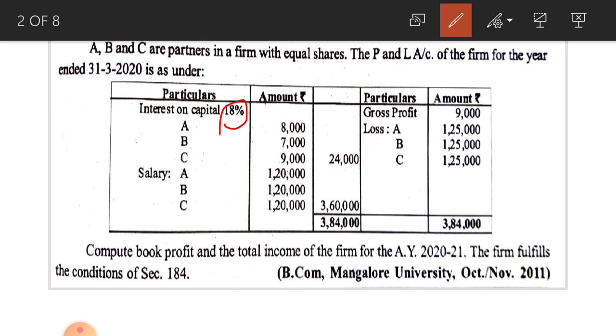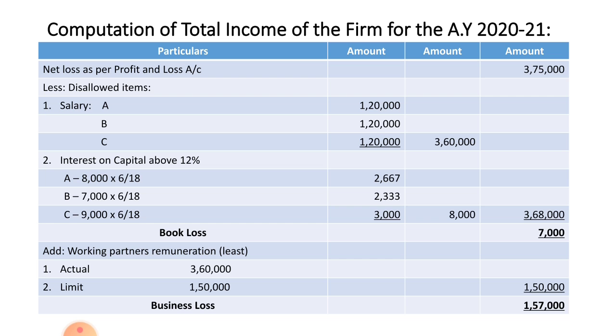Here see net loss, that is why you have to deduct that thing. Remember this much. If there is any net profit, you have to add disallowed items. If there is any net loss, you have to reduce the net loss, that is why deducting disallowed items.